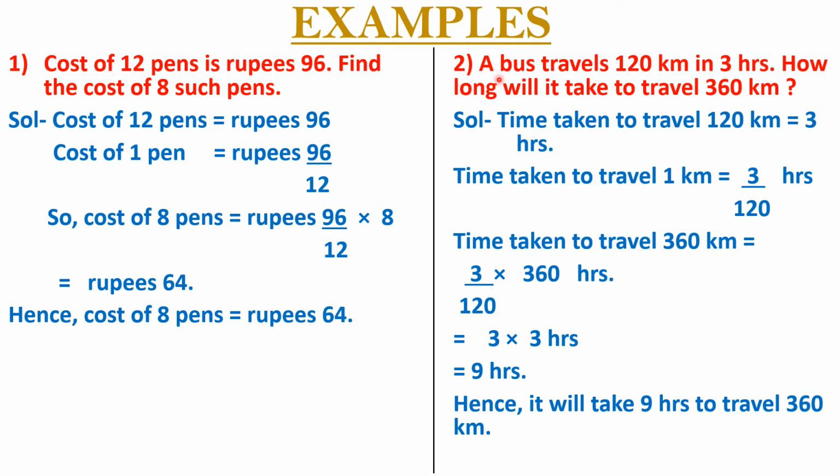Example 2. A bus travels 120 km in 3 hours. How long will it take to travel 360 km? As per the question, time taken to travel 120 km is 3 hours. Now find the time taken to travel 1 km, which is equal to 3 by 120 hours.